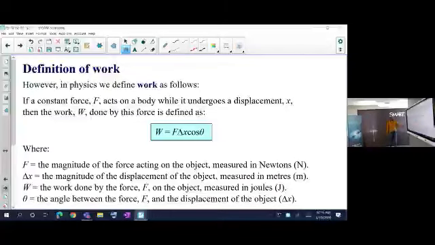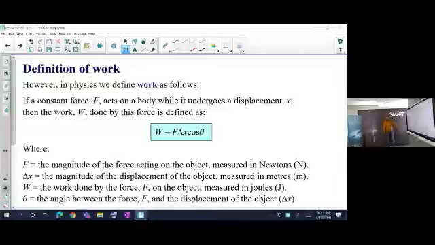If you don't know the unit of force, it's going to be a problem at the end. The unit of force is Newton. Change in X, the magnitude of the displacement of the object, is measured in meters. That is the distance covered. Look at that, we have small letter m, not capital letter M.